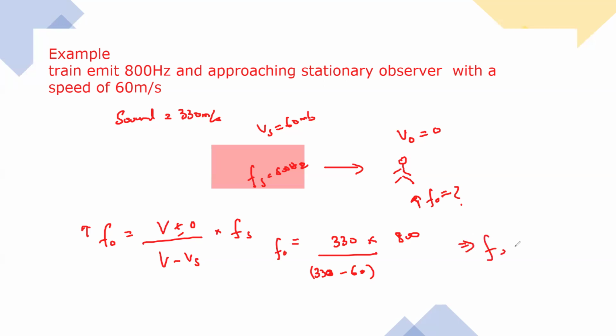What is the observed frequency? 330 into 800 divided by 270, which is 980 hertz. So 980 hertz is the frequency received by the stationary observer. Rounded off to 980, it is about 978, 980, it's fine. So the observed frequency will be different.